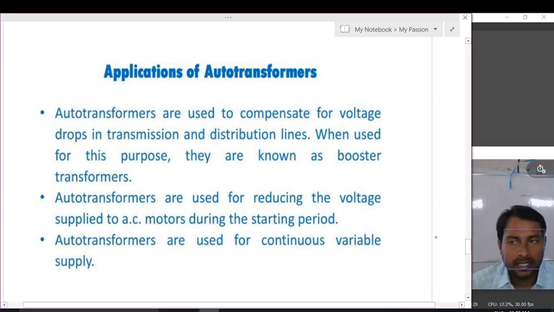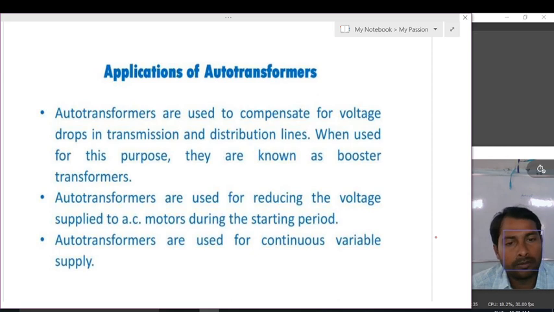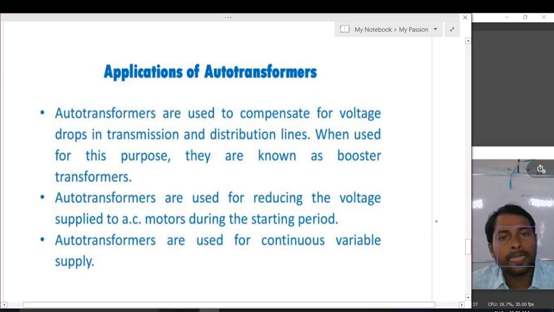So these are the applications, advantages, disadvantages, and copper saving and output of the transformer. So this is the auto transformer. If you watch this video clearly several times, we can understand easily. Thank you for watching.